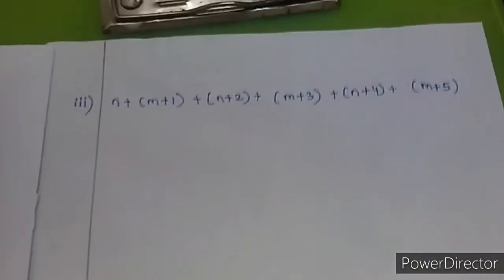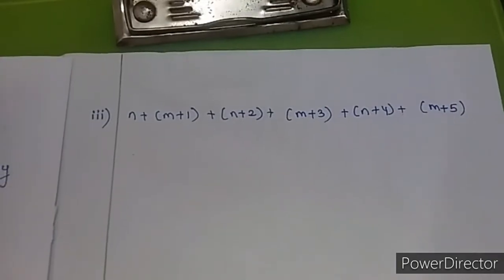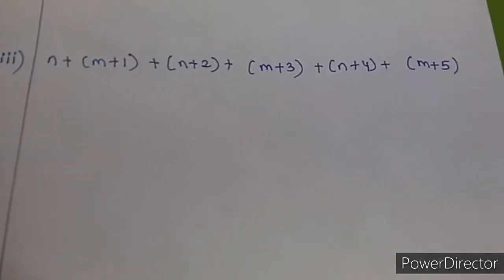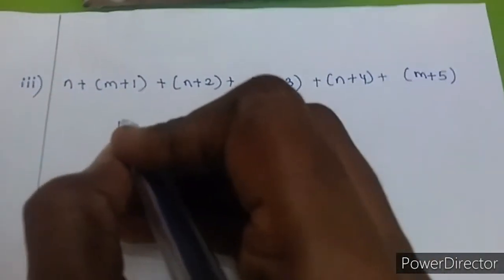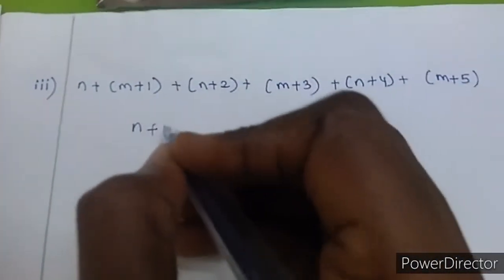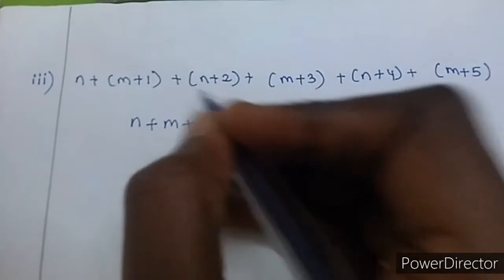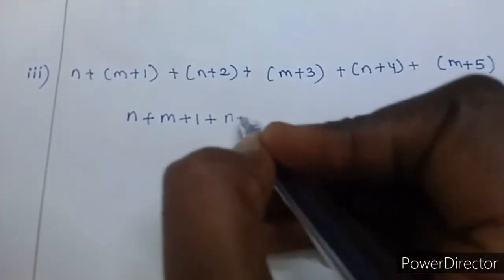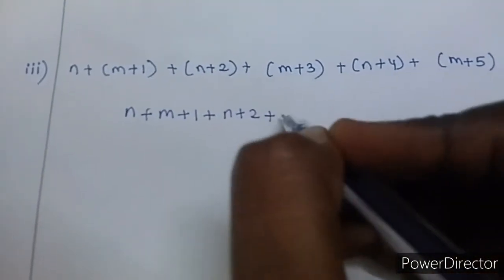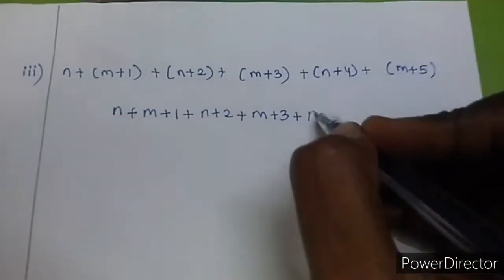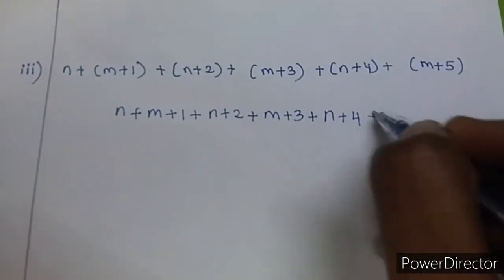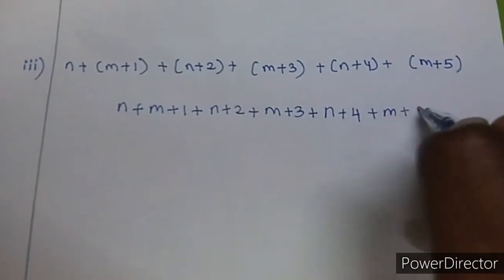So first step, to remove the brackets. What is given there? N, then plus m plus 1 plus n plus 2 plus m plus 3 plus n plus 4 plus m plus 5.